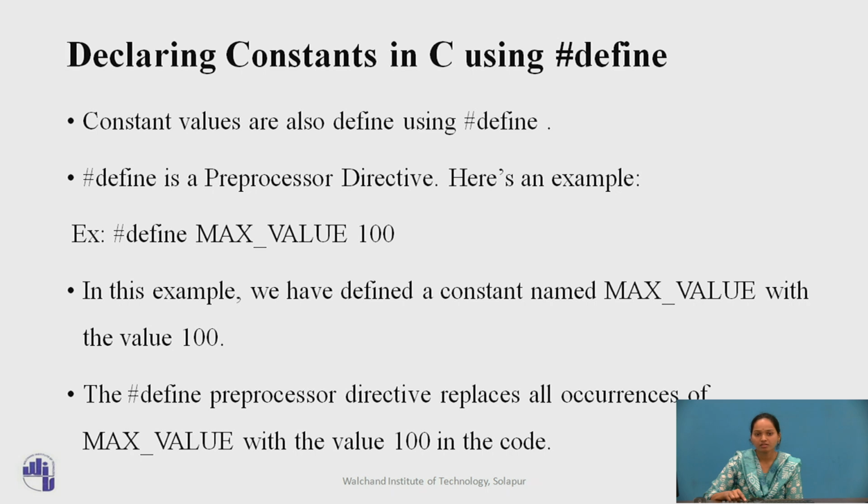In this example, we have defined a constant named MAX_VALUE with the value of 100. 100 is the value of the constant. And the #define preprocessor directive replaces all occurrences of MAX_VALUE with the value 100 in your code.